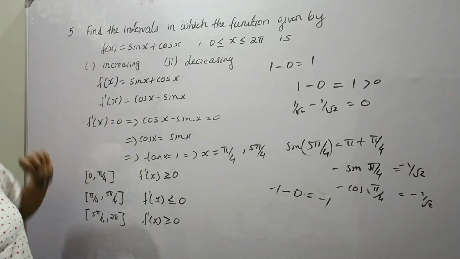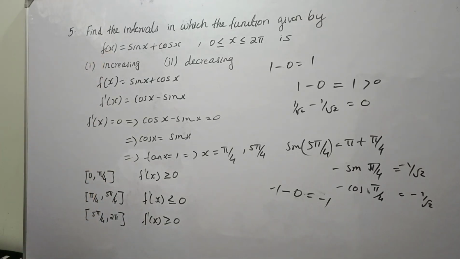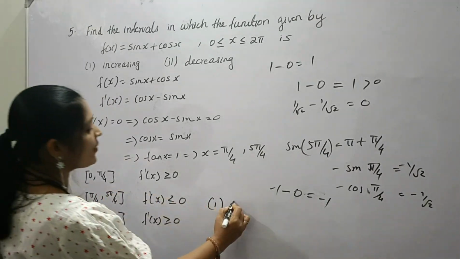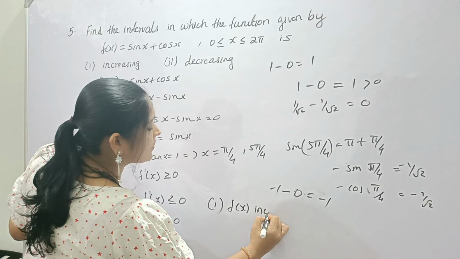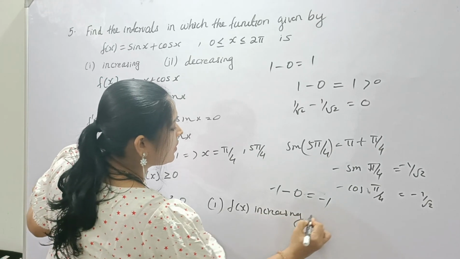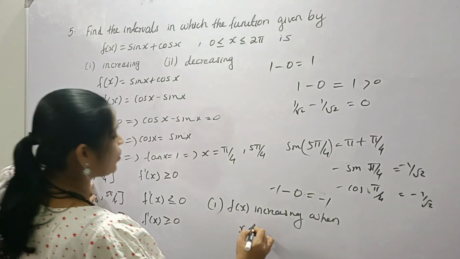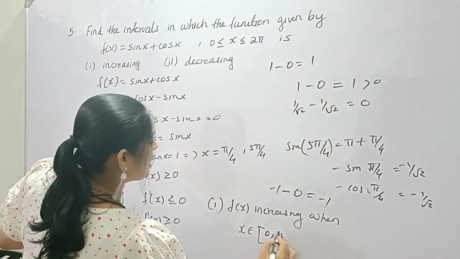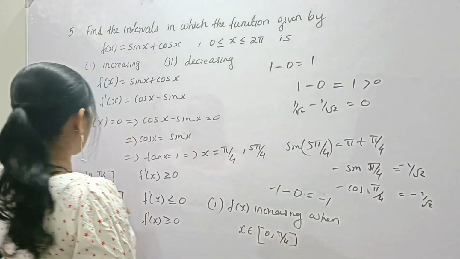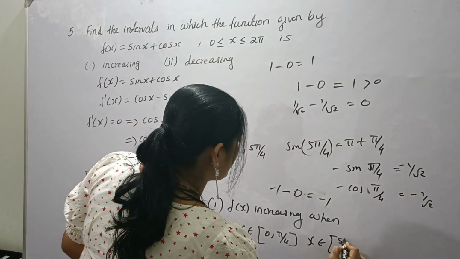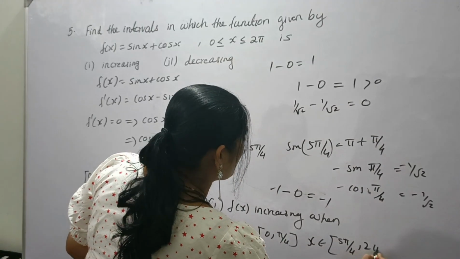So here we have to write the intervals in which the function is increasing. In which interval is f of x increasing? When x belongs to 0 to pi by 4 and x belongs to 5 pi by 4 to 2 pi.